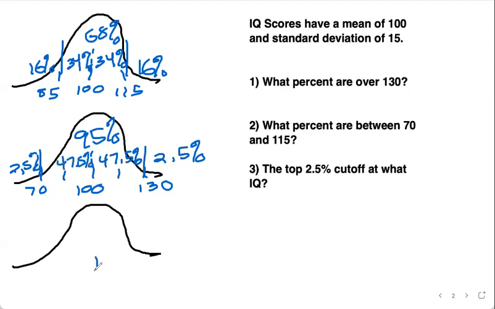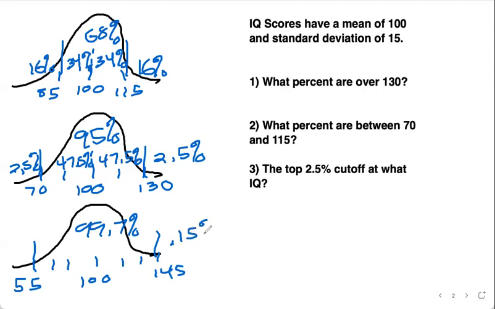If you want to go really extreme, for 3 standard deviations, 1, 2, 3, so add 15, add 15, add 15, you get 145. Subtract 15, subtract 15, subtract 15, you would get 55. And then in the middle, you'd have 99.7%. Subtract from 100, that's 0.3.